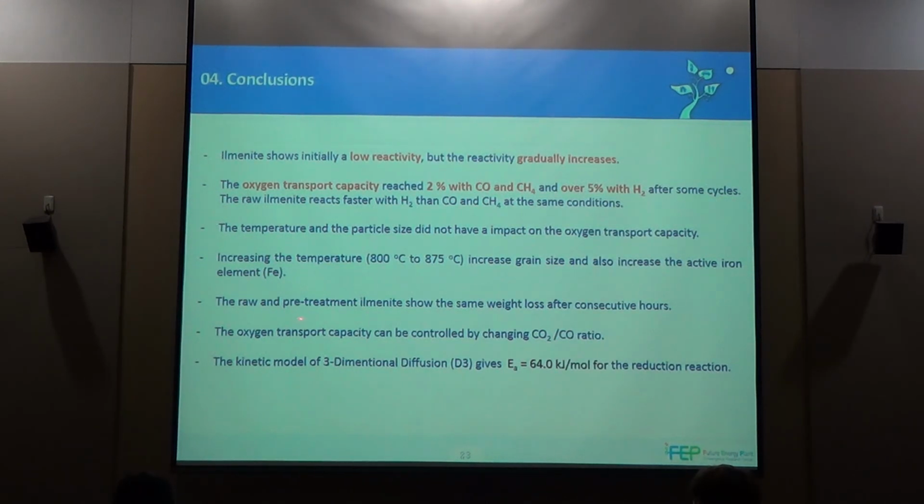Raw and pretreated ilmenite show the same weight loss, meaning the same oxygen transport capacity during any cycle. Oxygen transport capacity can be controlled by the CO2 and CO ratio, and we also apply this model for kinetics research. Thank you so much.